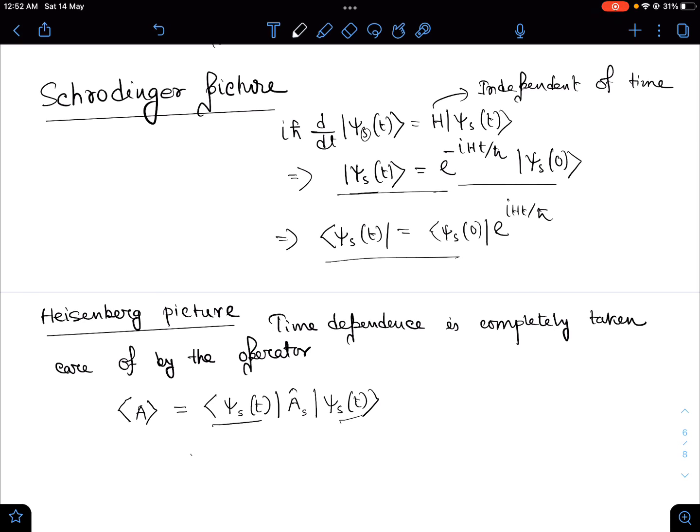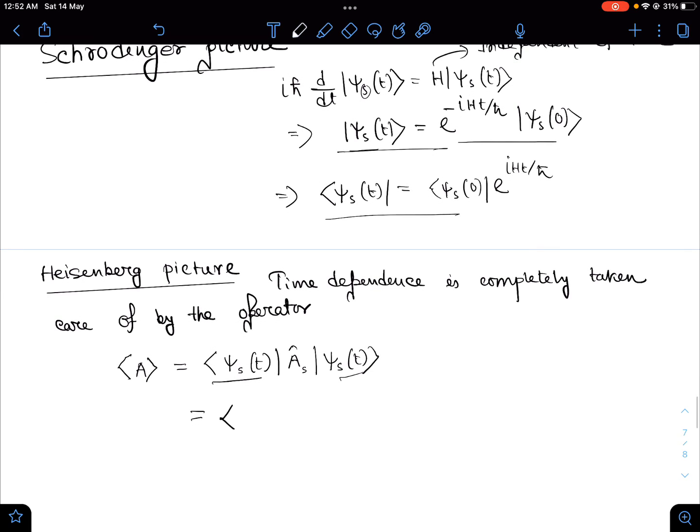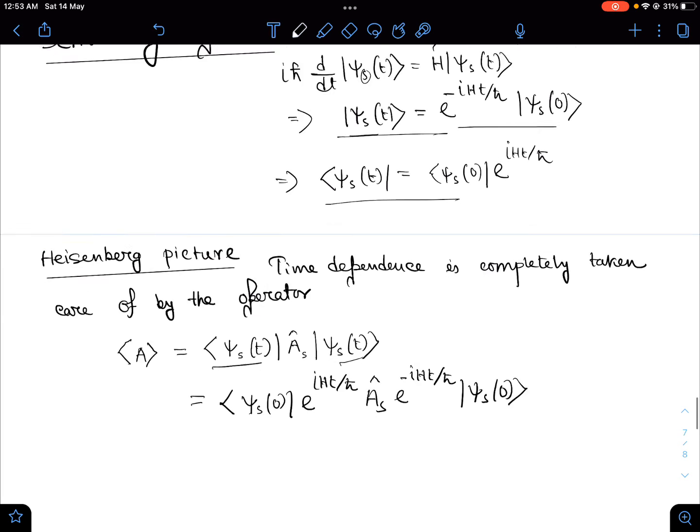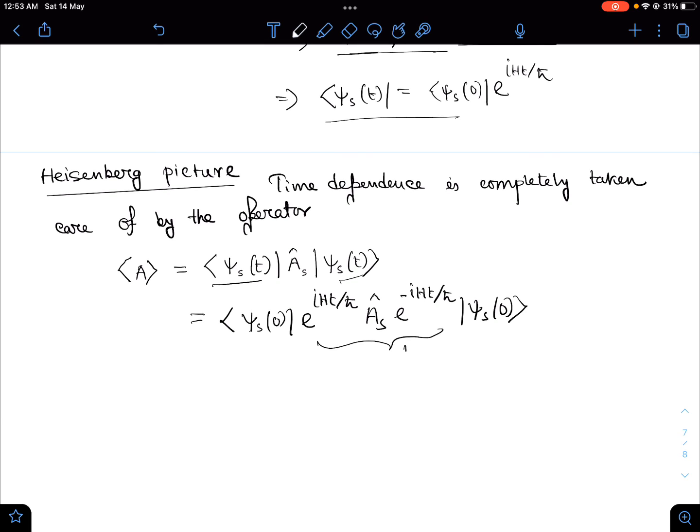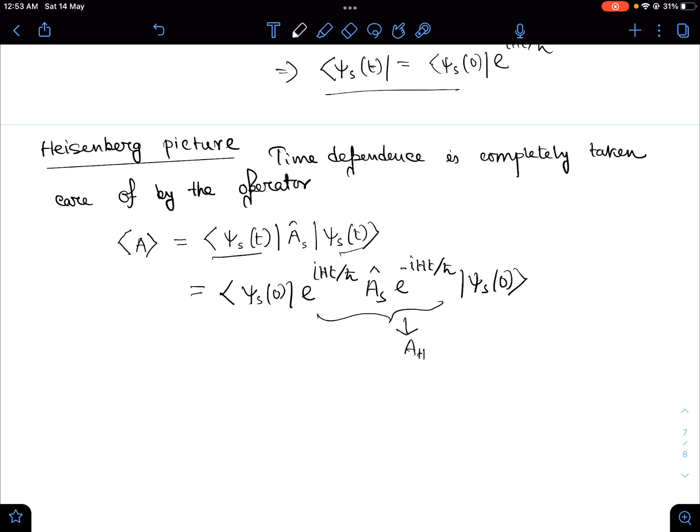If we write this down, we will have psi S0, e to the power i H t by h cut, we have our A S, and we have e to the power minus i H t by h cut, and we will have psi S0. This we can write as A H, that means in the Heisenberg picture. That is how our operator evolves with time.